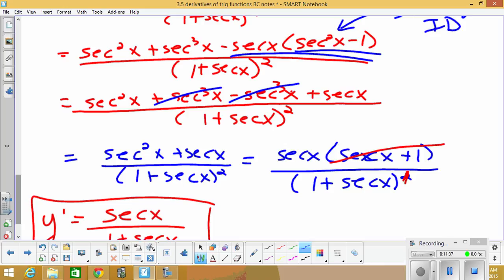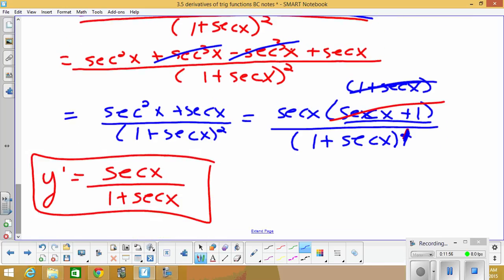I have 2 in the denominator. Yes, they're written differently, but they're both positive. This numerator's expression can be rewritten as 1 plus secant x, and then I can see there was 2 in the denominator, so it reduced, leaving 1 in the denominator only. So my final answer for this one's derivative is secant x over the quantity of 1 plus secant x.